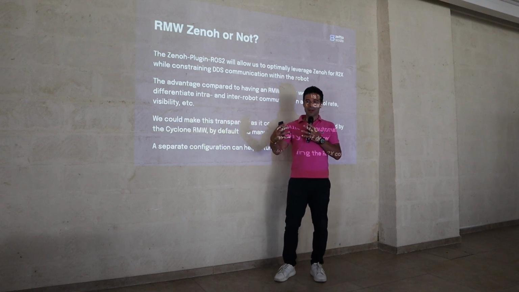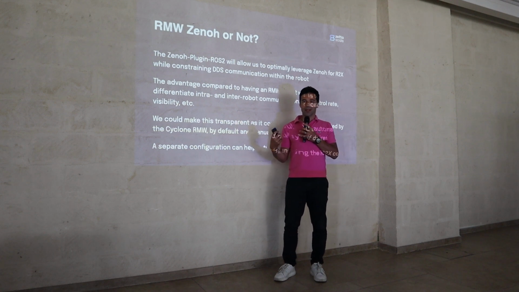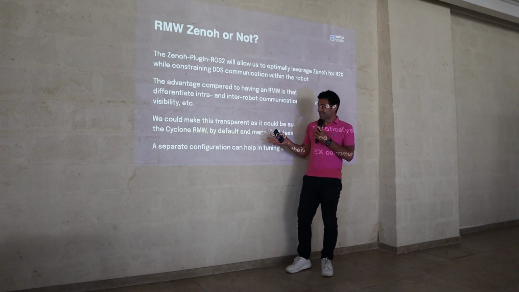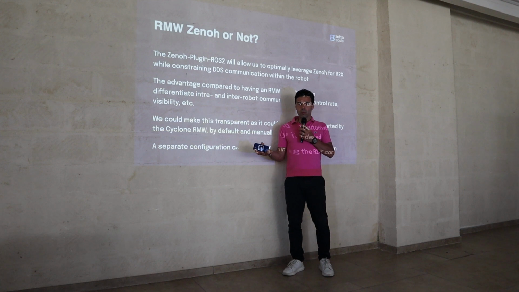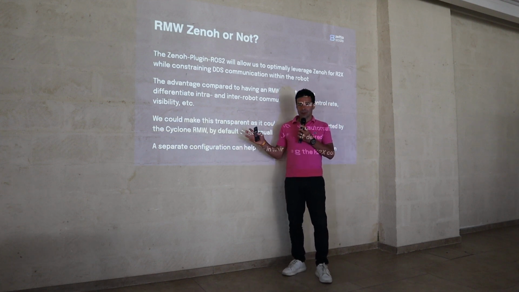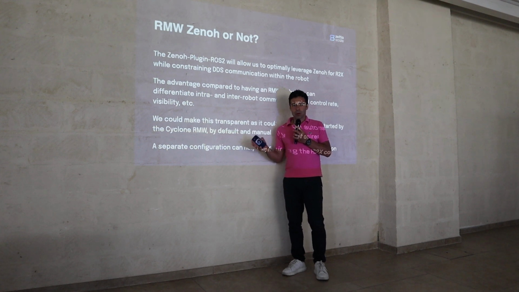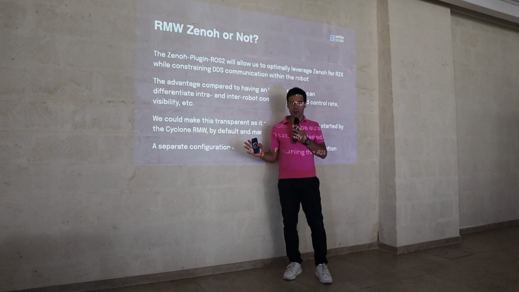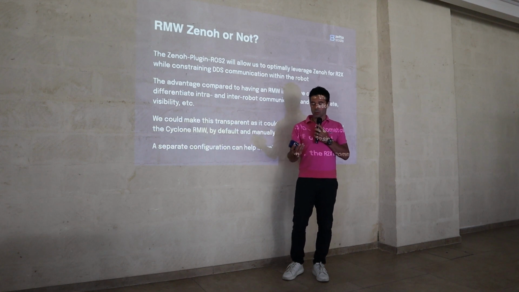And so having an integration point makes it easier, and if this integration point has zero overhead with the RMW that you're using, even better. And the other point is that this is there now. Doing an RMW would be quite a bit of work, and I'm not really sure that in the end we would gain immensely compared to the effort that we would have to put in. So I think this solution is now equivalent to a Zenoh RMW plus the extra advantages that you have in terms of control on how to expose information to the rest of the world.